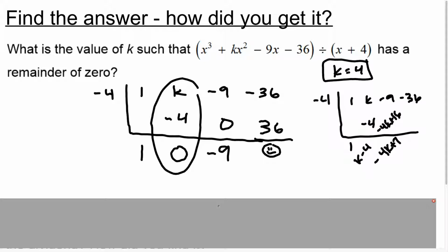It gets messier, but it should work in the end. You set your column equal to 0, and then you would know that k was 4. And so it should work that way as well.